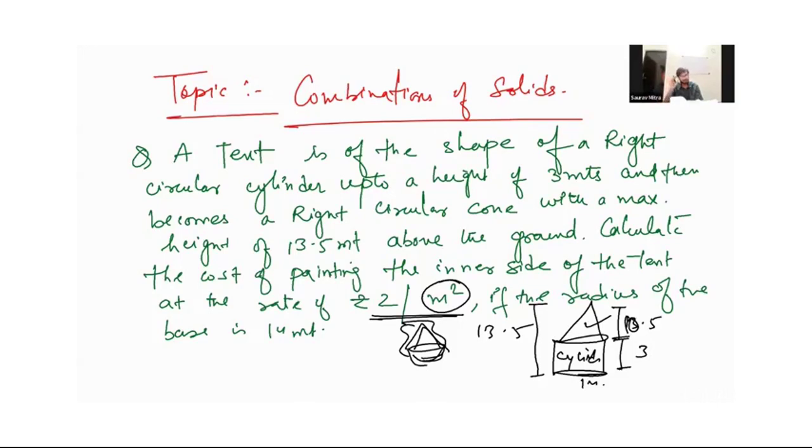That means per meter square is rupees 2, so you have to calculate the area. You don't need to calculate the volume, because the per unit volume rate is not given. Here the per meter square rate is given, so we can take a hint. I have seen students get confused about what to find. Here you have to find the curved surface area, the surface area for both of the combined figures.